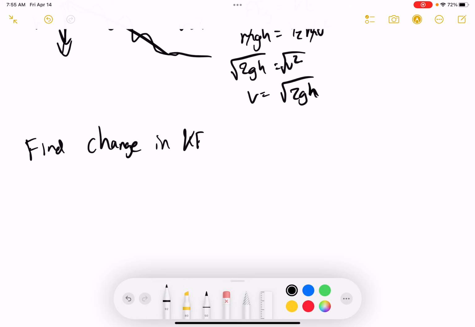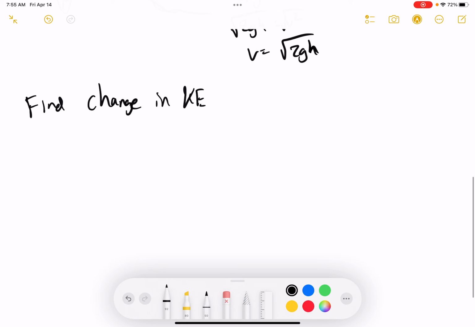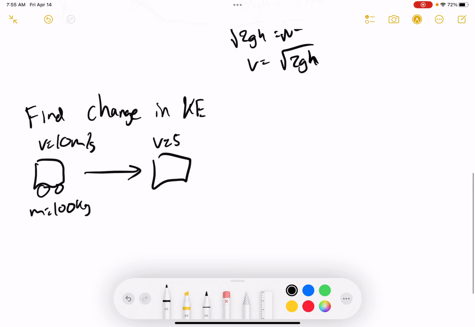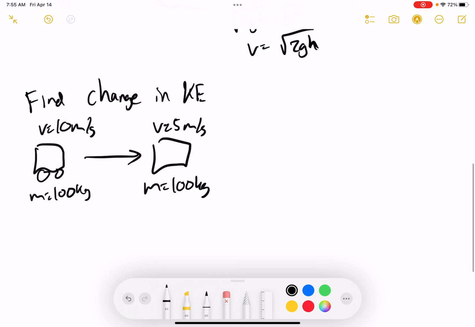Okay, so let's say I have this car that's moving at v equals 10 meters per second. It has a mass of 100 kg, and then at some later time, now it's moving at 5 meters per second. The mass is still 100 kg. And it says find the change in KE.